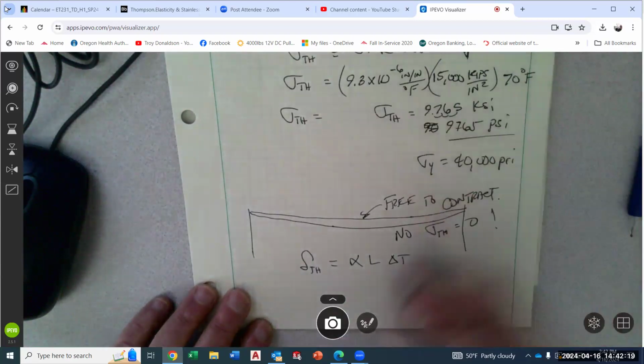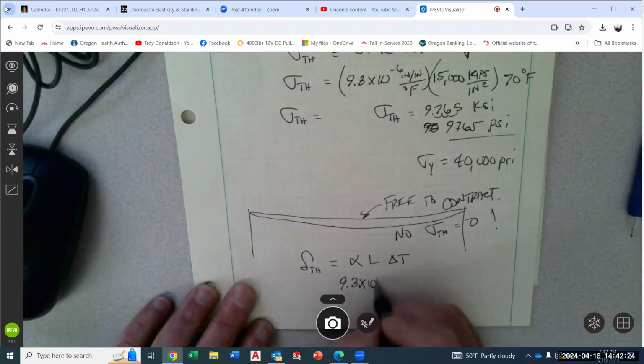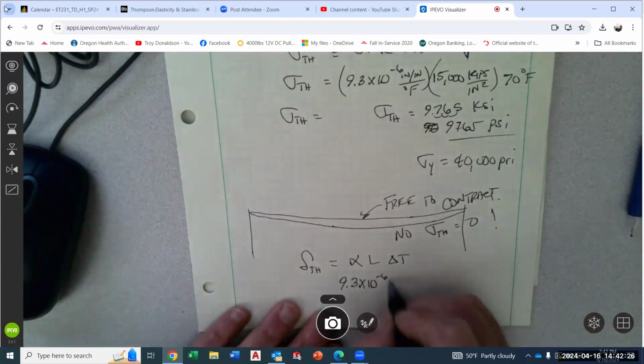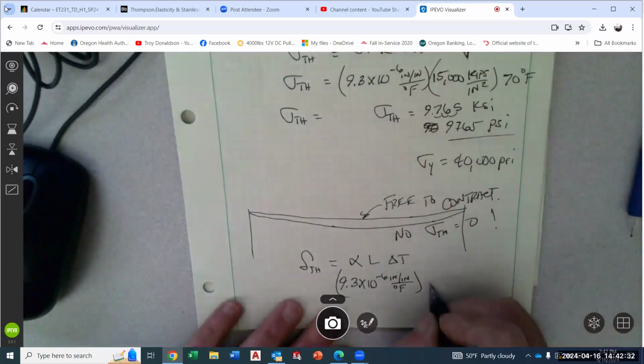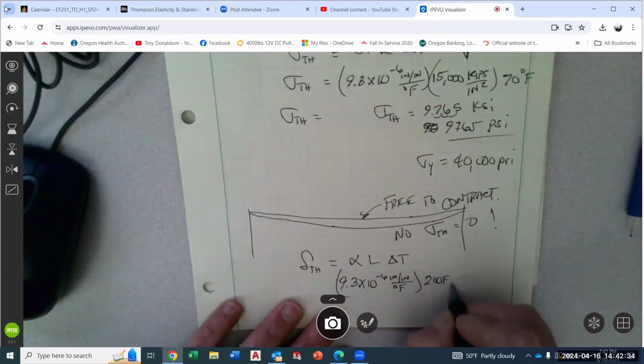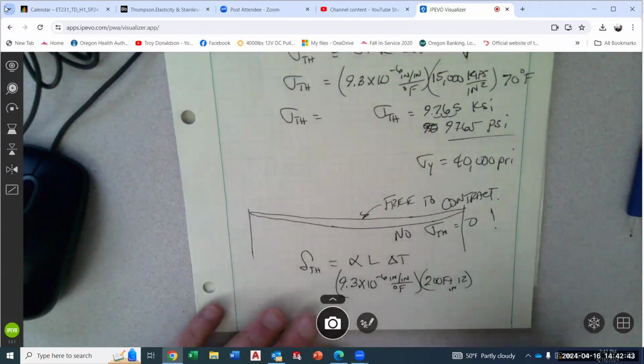So the same alpha, 9.3 times 10 to the -6, with the same unit, inches per inch per degree Fahrenheit. Its length was 200 feet, and I'm going to multiply by 12 to get it to inches, because it's going to be a small number, so I might as well get it to inches.